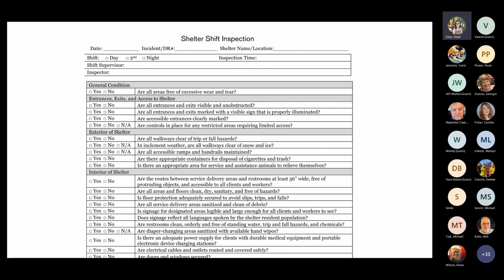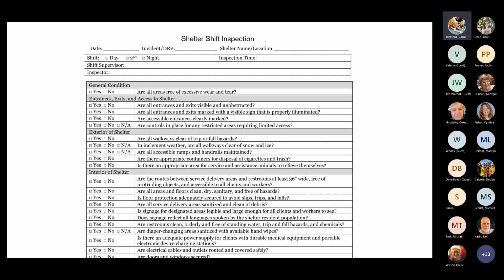You can move forward. Okay, so this form is the shelter shift inspection, and it's important so that we know we're checking for damage. We're also checking to make sure that the emergency exits are safe, that we didn't block them and put a whole bunch of stuff in front of the emergency exit.